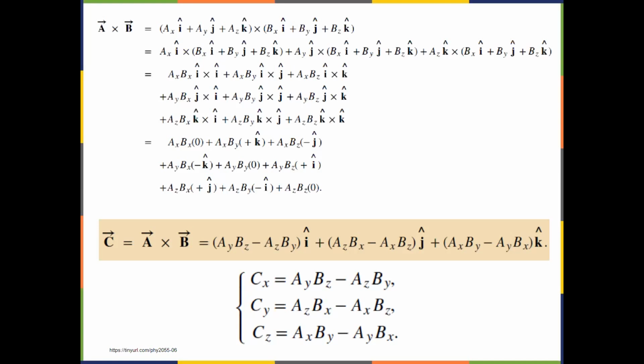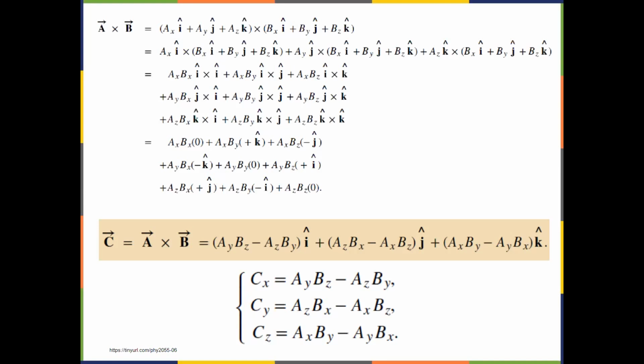Also, j cross i will be negative k, j cross k will be positive i, k cross i will be positive j, k cross j will be negative i, okay? So that's what you get here. Some of the terms are 0, and the rest are either i, j, k, or minus i, minus j, minus k.